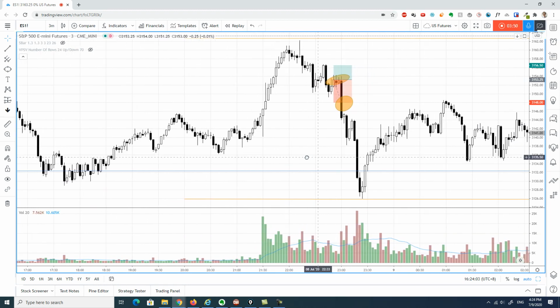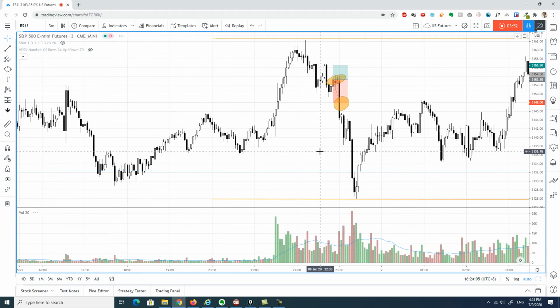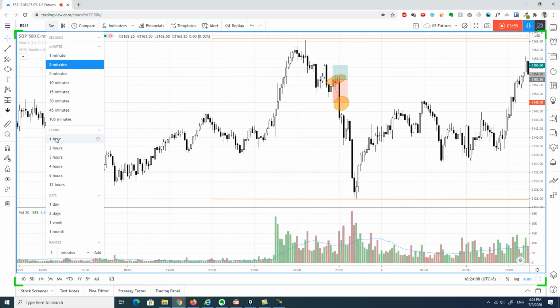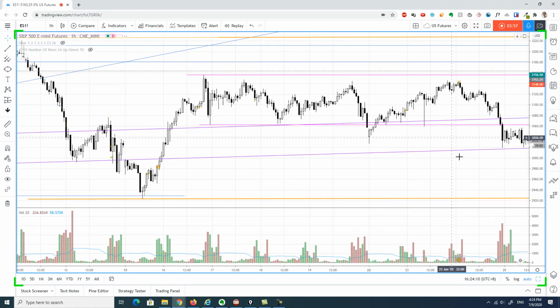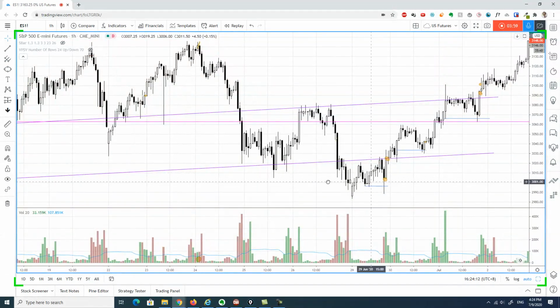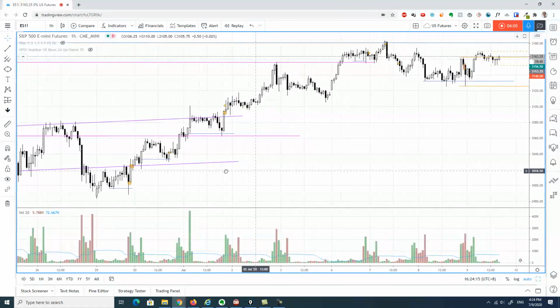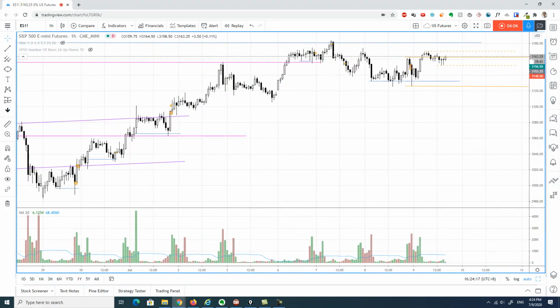In my video yesterday, I talked about a potential long scenario. Let me get back to the H1 time frame. What I would like to show you is the last hour bar from the day before. I talked about this bar here. This is the last hour bar, and I said that for this bullish scenario to become valid, I would like to see a commitment to the upside, above this last hour bar here, which is a selling bar.